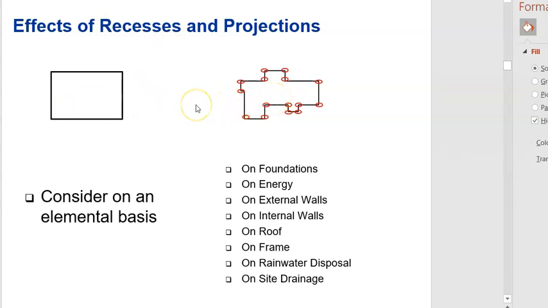If you were to do a planning search and search houses that have been built over the past 20 or 30 or 40 or 50 years, you'll find an awful lot like this, where they have multiple projections, recesses, corners, feature bay windows, feature conservatories, different roof structures, hips, valleys, gutters, gullies.